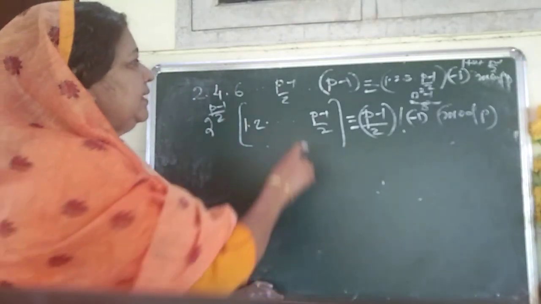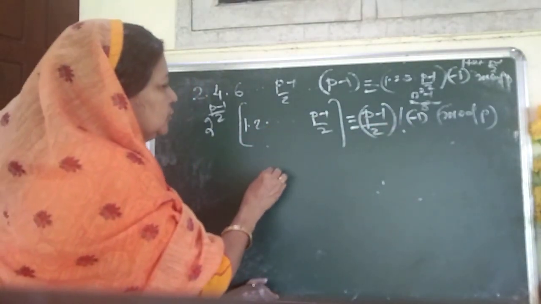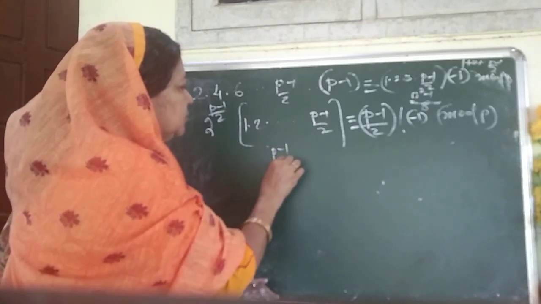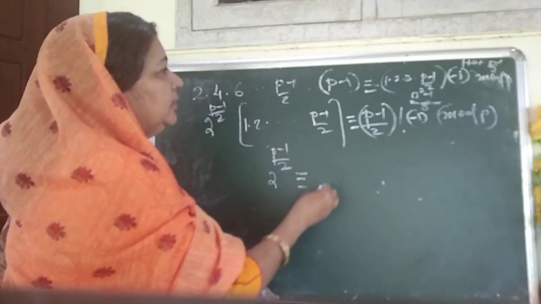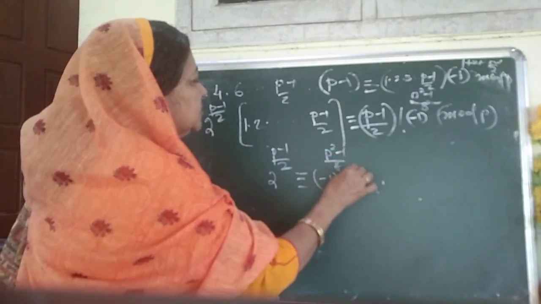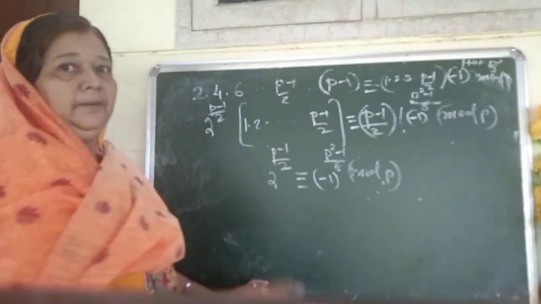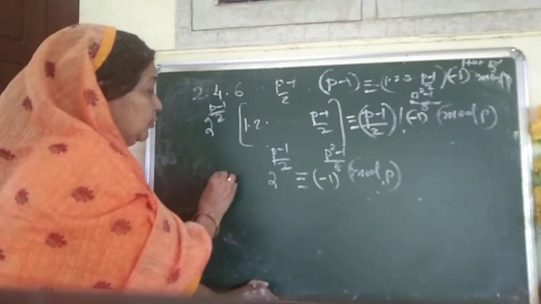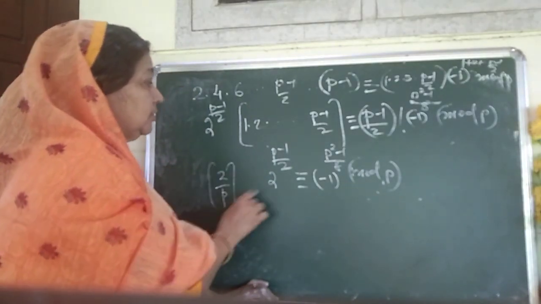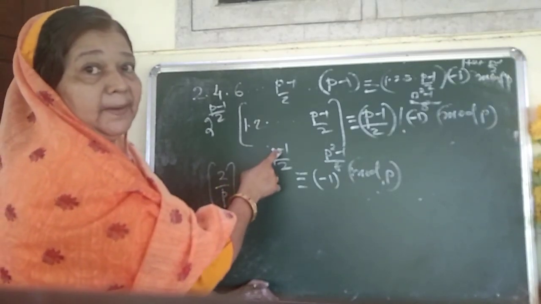We can cancel p minus 1 by 2 factorial from both sides. So we get 2 raised to p minus 1 by 2 is congruent to minus 1 raised to p square minus 1 by 8 modulo p. But we know n by p equals n raised to p minus 1 by 2.